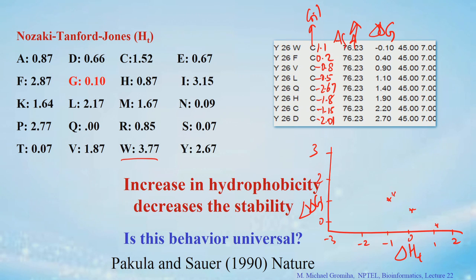this is 1 point something somewhere here, Y26Q minus 2.67, 1.4, Y26H minus 1.8 and 1.9, Y26C minus 1.15, 2.2, Y26D minus 2.01 and 2.7 somewhere here.